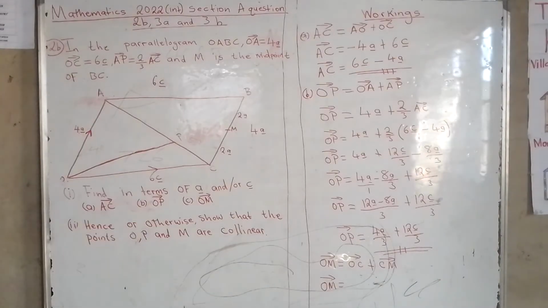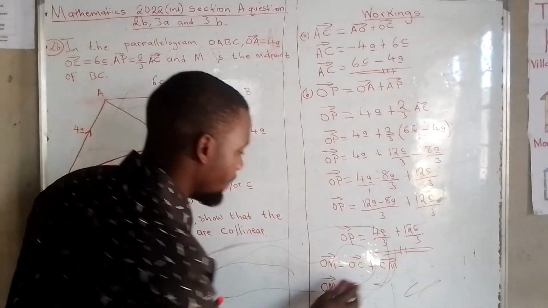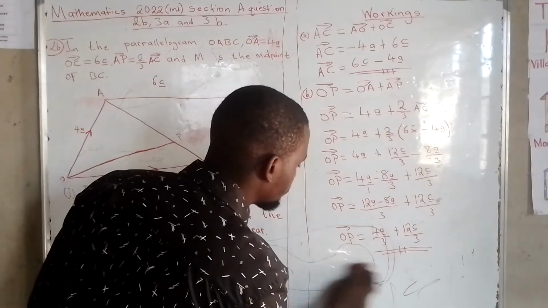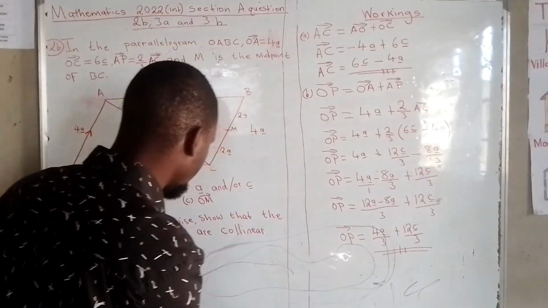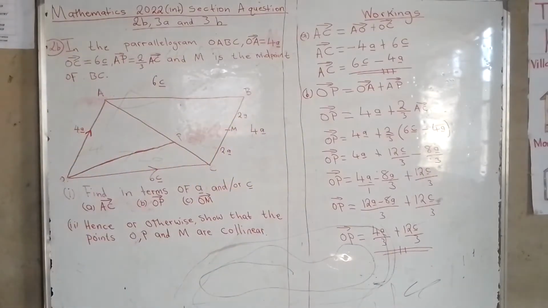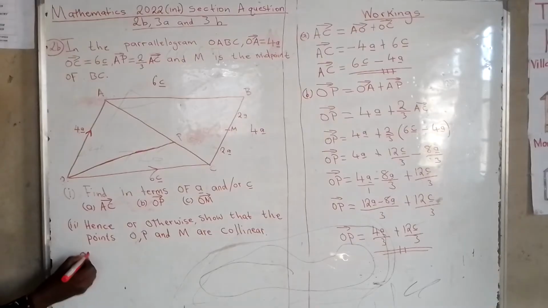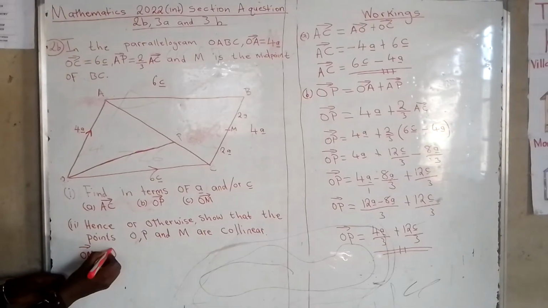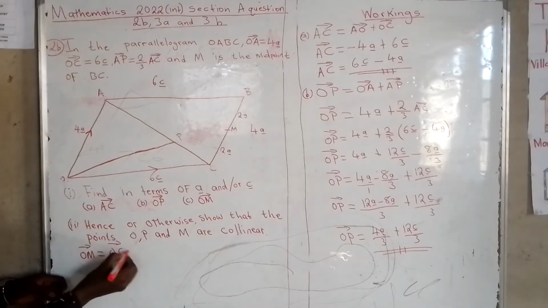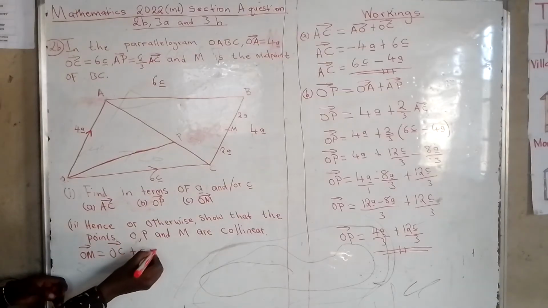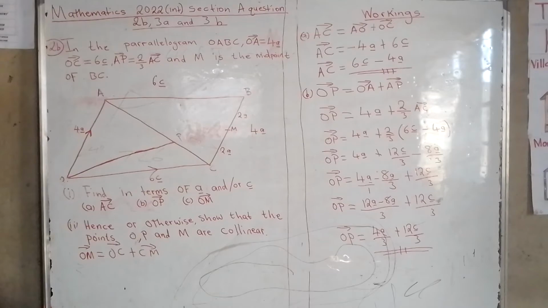Okay, let me do it from the other part in case it is not visible. Okay, so let's do it from here. So we're saying OM is equal to, we say OC plus CM.